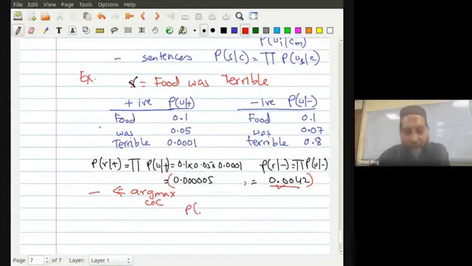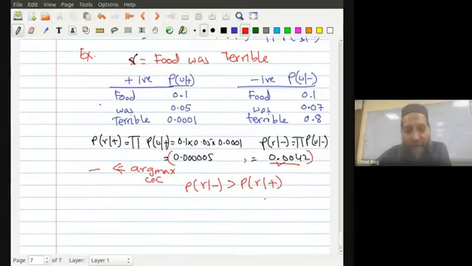So essentially, the probability of this review belonging to the negative class is higher than the probability of this review belonging to the positive class. See? So the model will give us the more likely class as output.